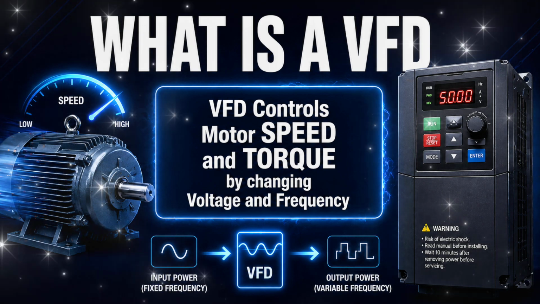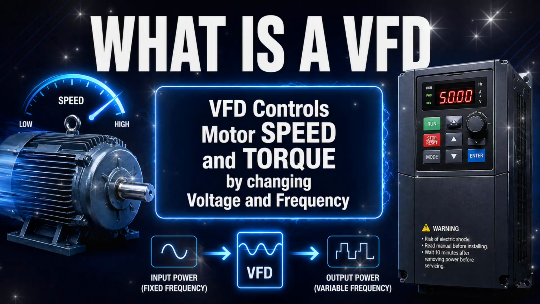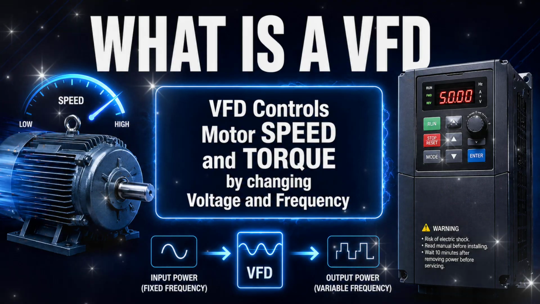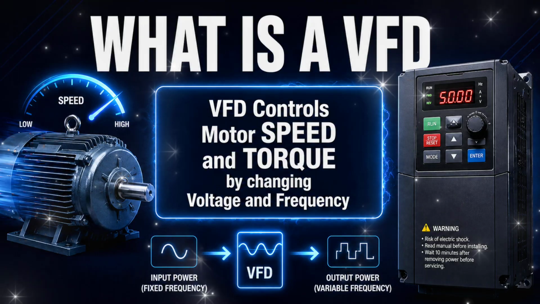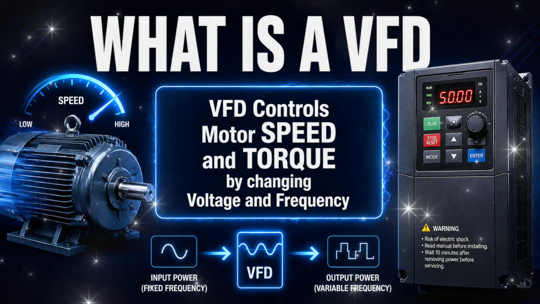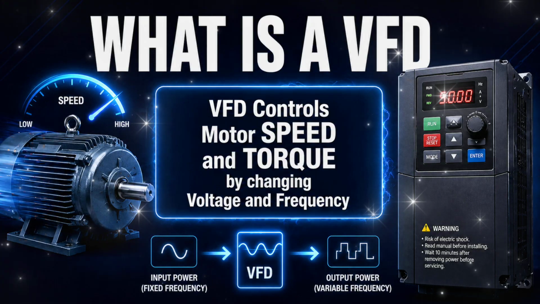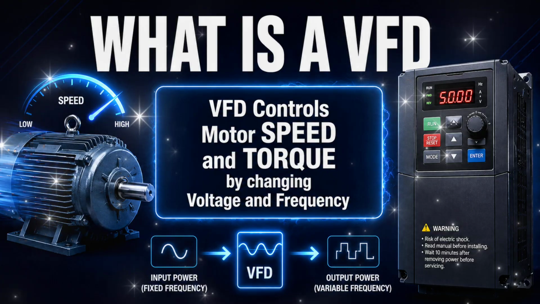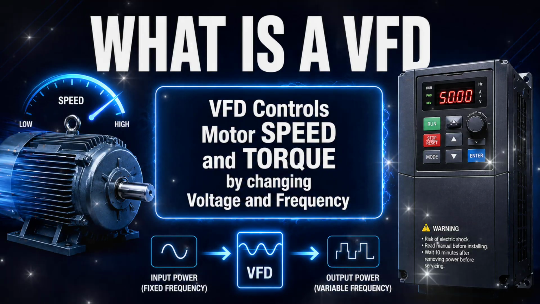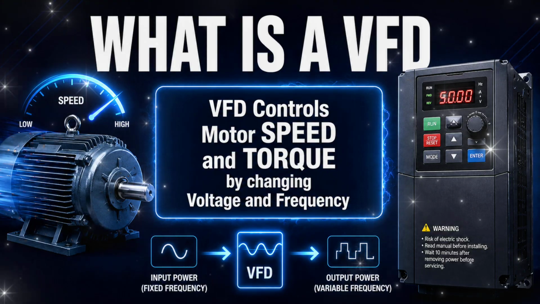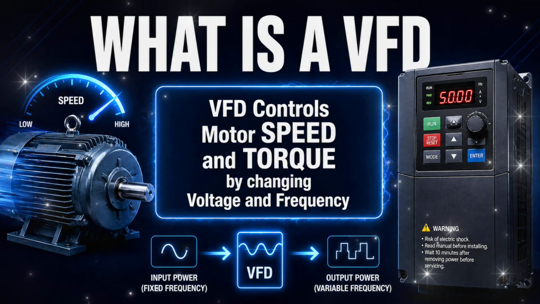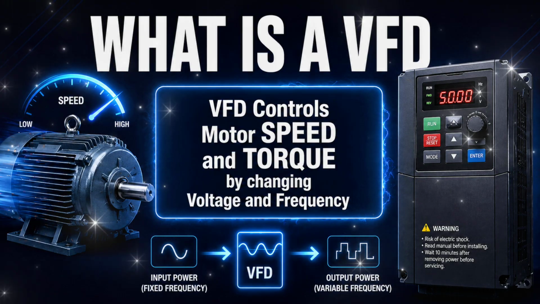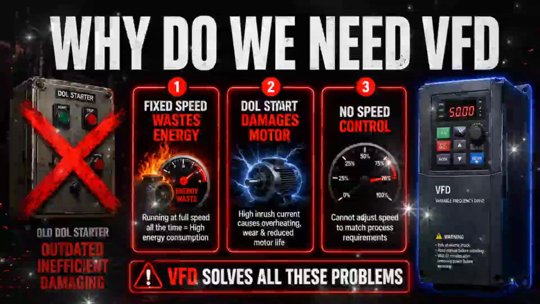At 50 Hz, a 4-pole motor runs at 1,500 revolutions per minute. At 25 Hz, the same motor runs at 750 revolutions per minute. At 10 Hz, the motor runs at only 300 revolutions per minute. So by controlling frequency, the VFD controls motor speed precisely. This is why VFD is so powerful in industry.